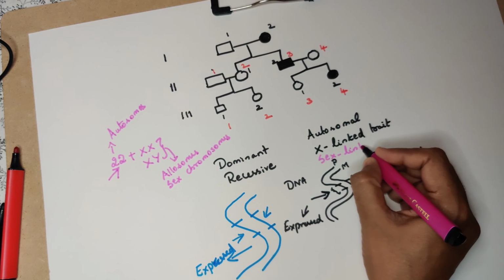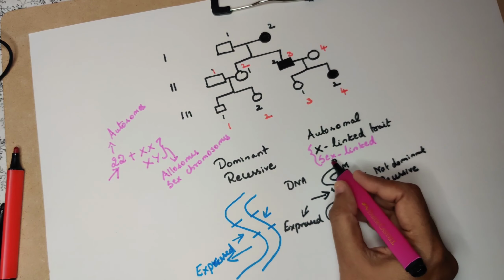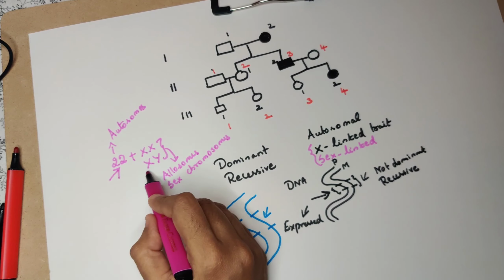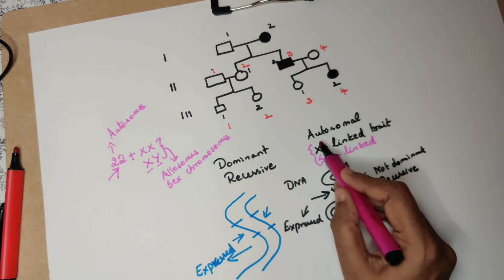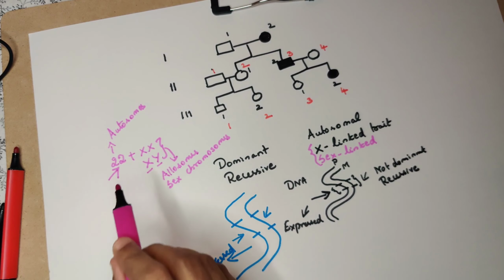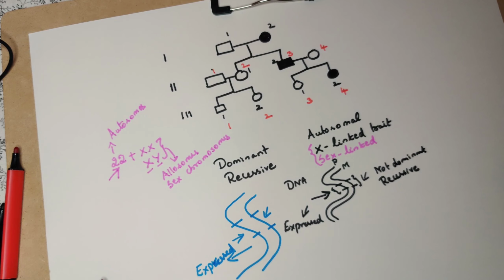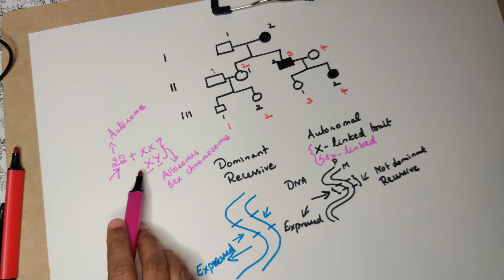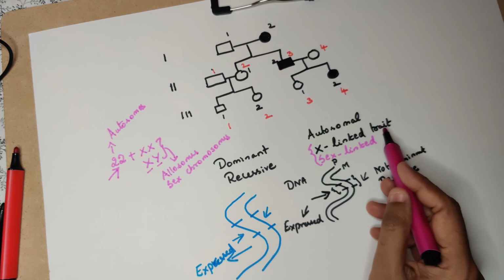Now I need to teach you the difference between X-linked and sex-linked. Sex-linked means it can be present on either the X or the Y chromosome. But when I say X-linked, then it has to be definitely present only on the X chromosome. So if the gene is present on the X chromosome, then it is an X-linked trait.